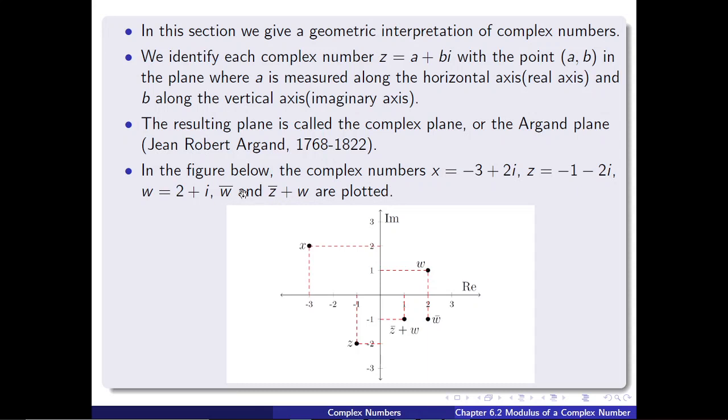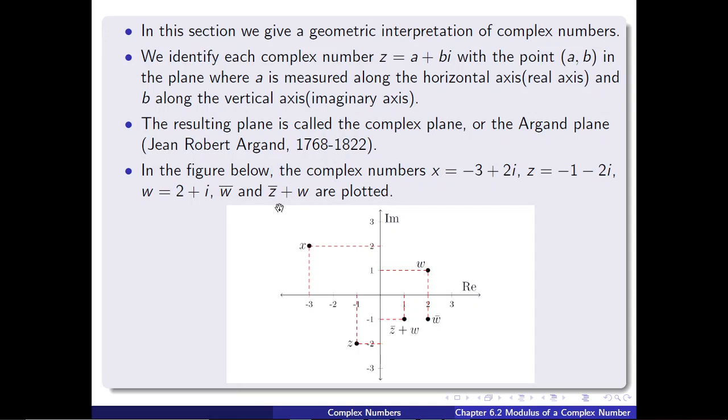And then if we want to find the conjugate of w, we have 2 minus i, which is 2 to the right, and then minus 1 down, which is there. And this was just a reflection of w, as you can see, in the real axis.